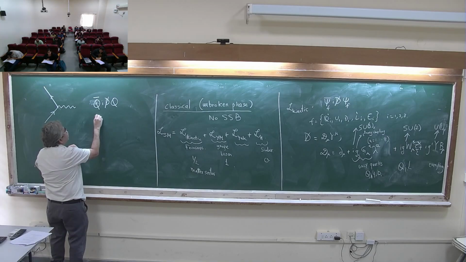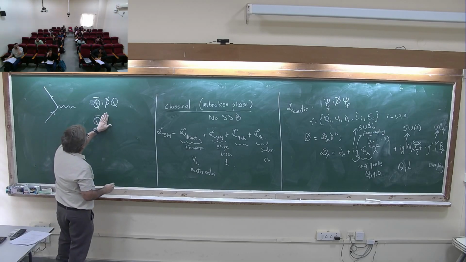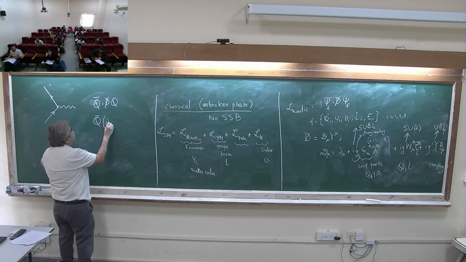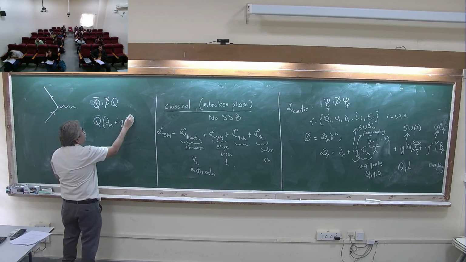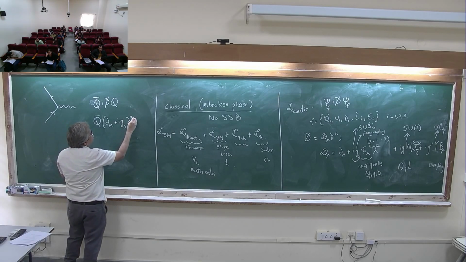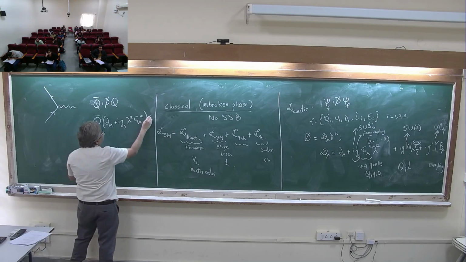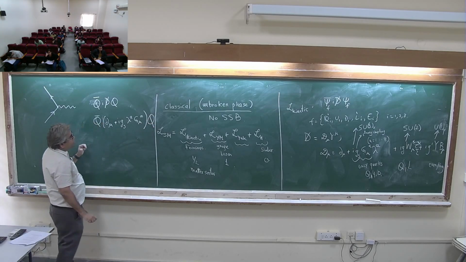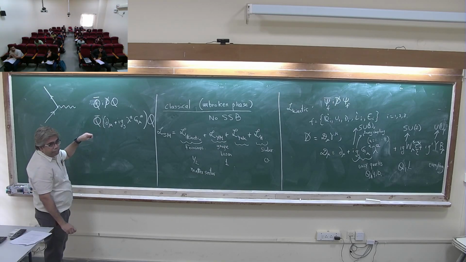So quark i, g s. Let me write explicitly del mu plus i g s lambda a over 2 G mu a, Q. Now this is not sufficient, I have to write the color indices also.